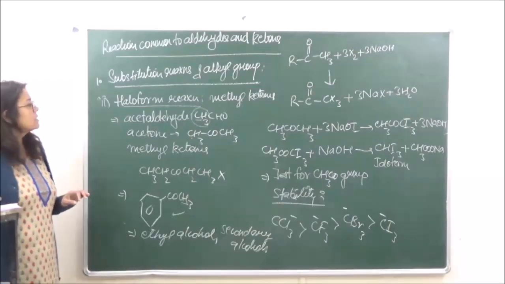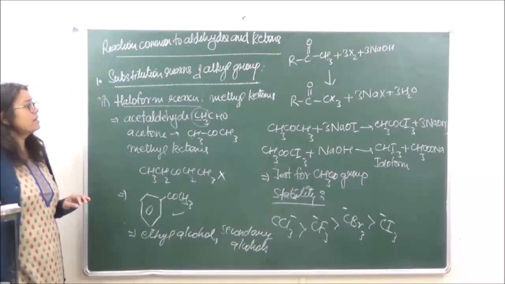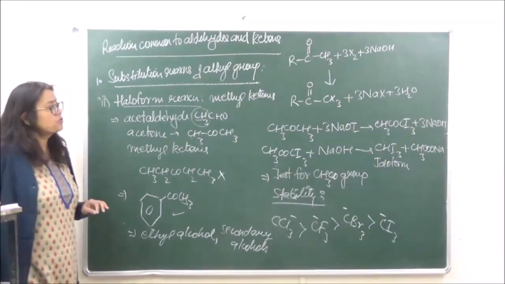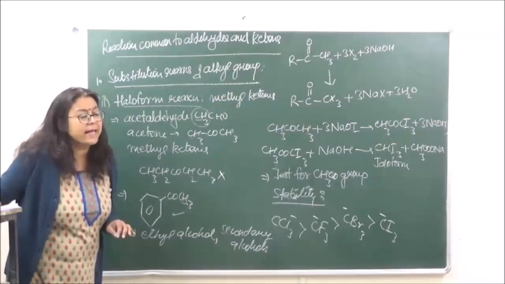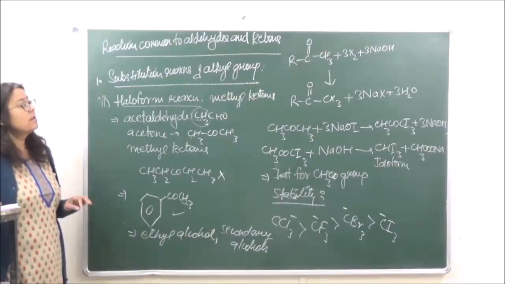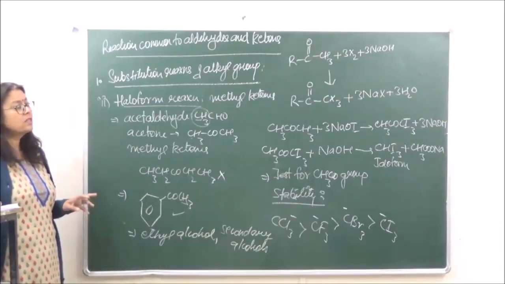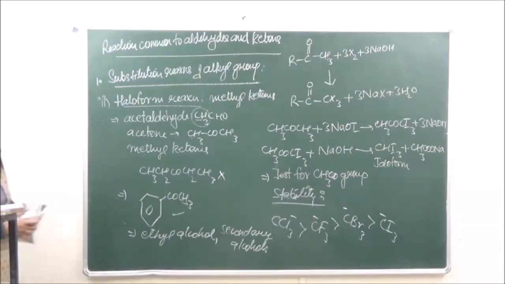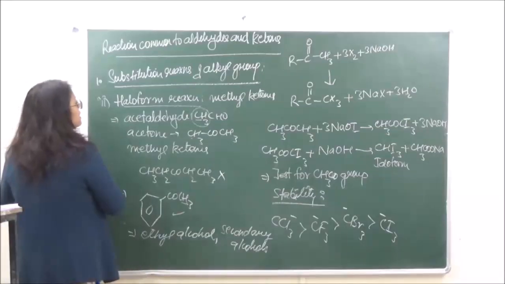Okay? So this is the second type of reaction which we have done over here, haloform reaction, which are specific reactions for methyl ketones and hence taken as a test for the presence of methyl ketone in a compound. The third type of reaction which we are going to do is oxidation with selenium dioxide.